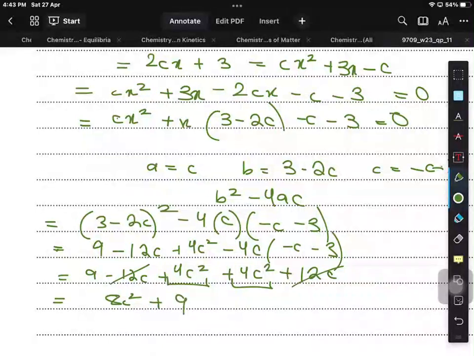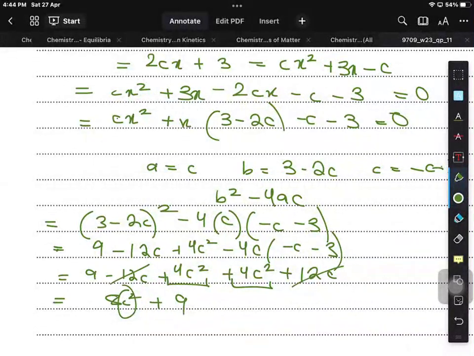Okay, so we know that whatever the value of c is, whether it is positive, whether it is negative, so all the values of c, whether it's positive, whether it's negative, and whether it's zero even. For all the values of c, if we square a positive number or a negative number, we are going to get something positive, right? 2 square is 4 and minus 2 square is also 4.